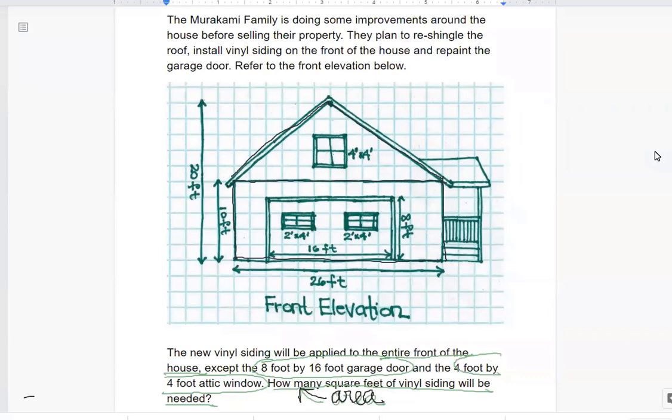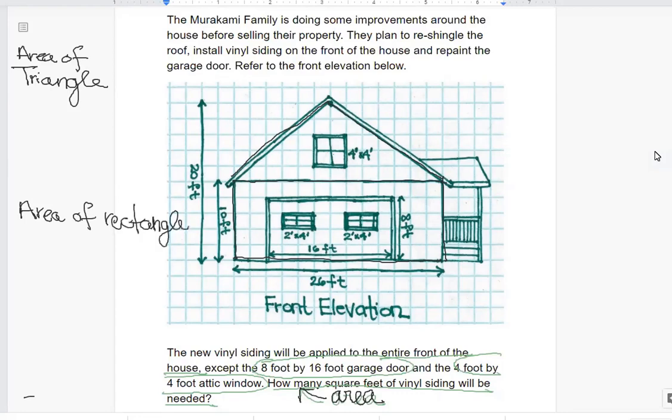So we're going to cover the triangle in vinyl siding. We'll do the area of the triangle, and we're going to cover that rectangle with vinyl siding. We're going to do the area of the rectangle. But both of those shapes have places that we are not covering. So on the triangle here, we are not going to cover the window. This little square window is going to get taken out. It's not going to get covered.